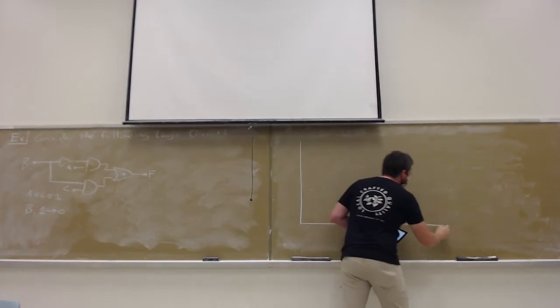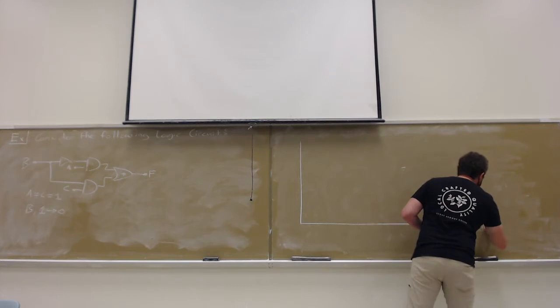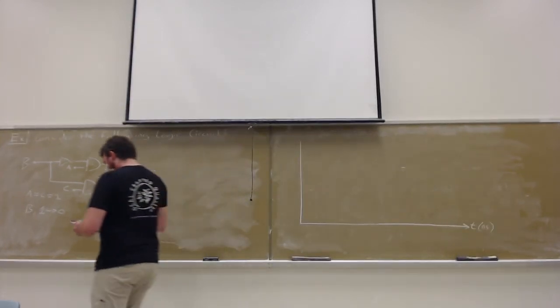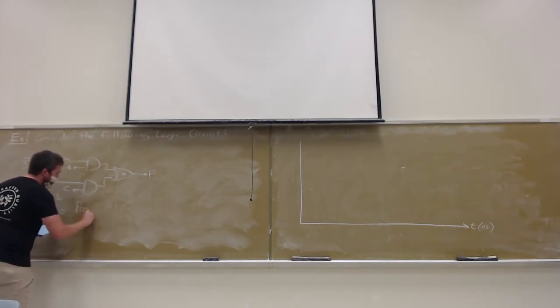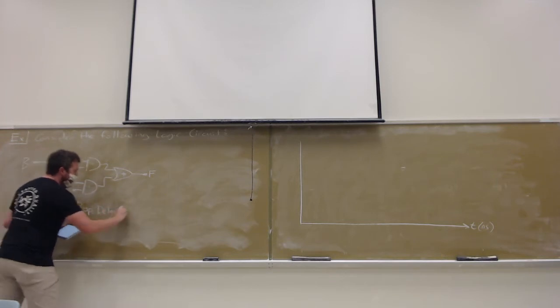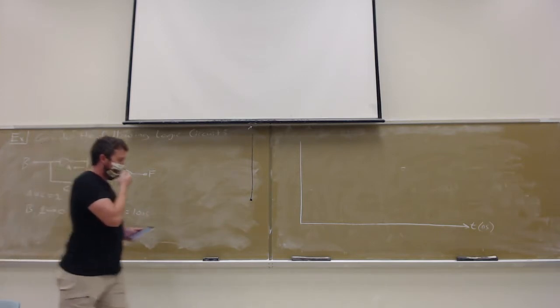And of course, we already have this in your notes, just relax a little bit. So that's T in nanoseconds. Let's go ahead and say that our circuits have a propagation delay equal to 10 nanoseconds.